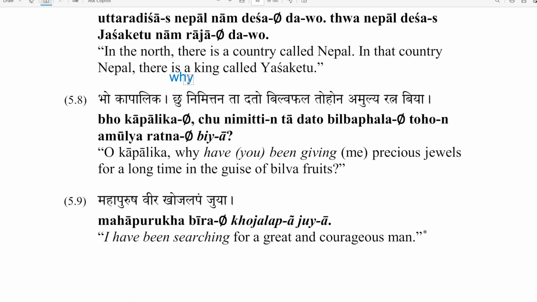And chu is used more often as what. So chu nimidana is for what reason. Da also means a long time. Bilava is a kind of fruit. In South Asia, bilava fruit is often used during religious rituals.